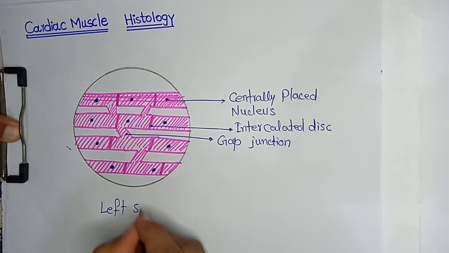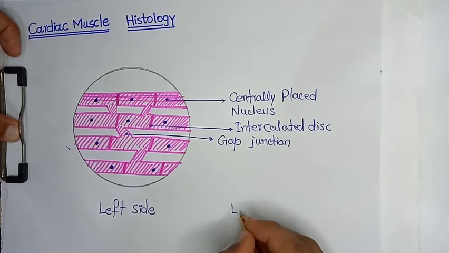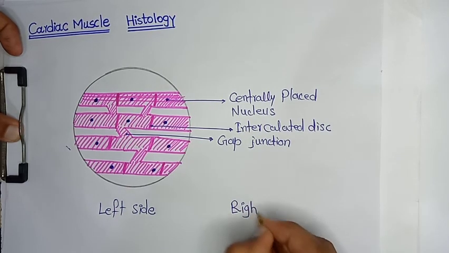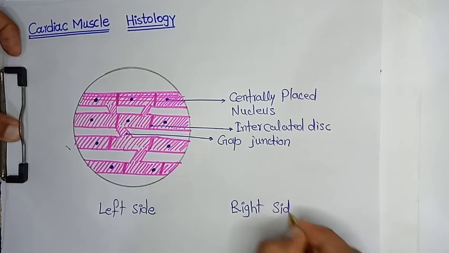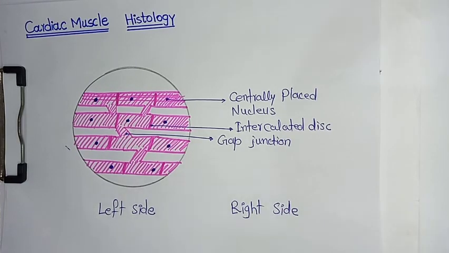And this is how we can make the cardiac muscle histology diagram. The diagram must be neat and clean. The diagram on the left side and the labeling on right side of the page. So the diagrams are very important, so be prepared before exam.